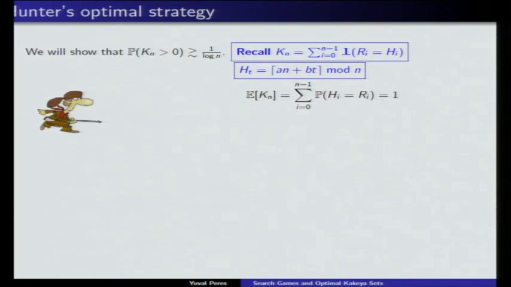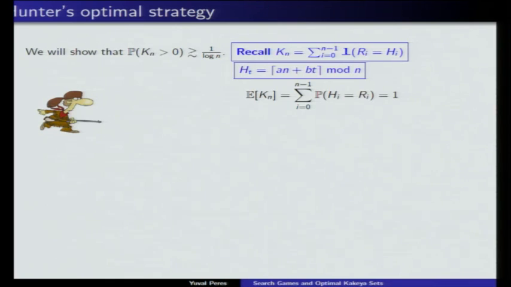Kn was the number of collisions with this Hunter strategy. Now, because of the uniform random starting point, the marginal is uniform at any time. So at any specific time, the location of the Hunter is completely uniform. So the probability of colliding at time i is exactly 1 over n.